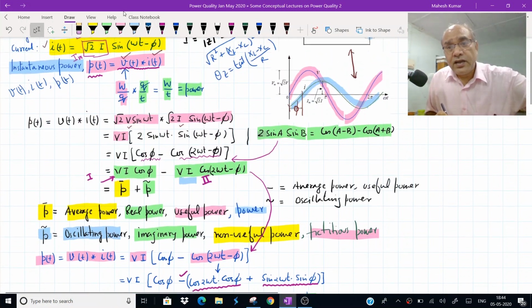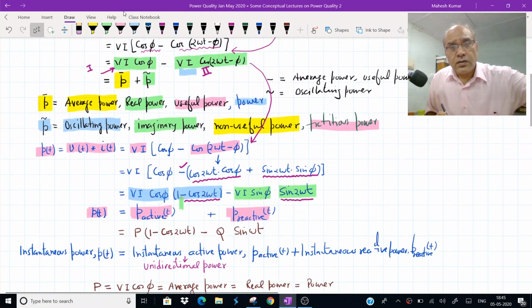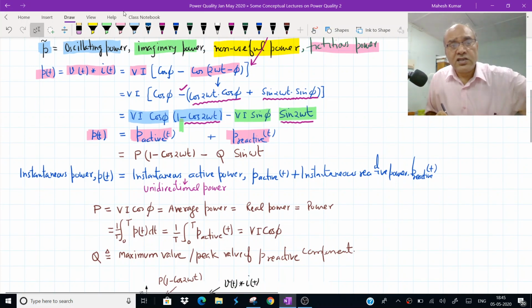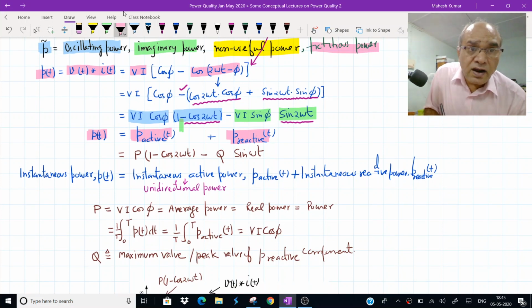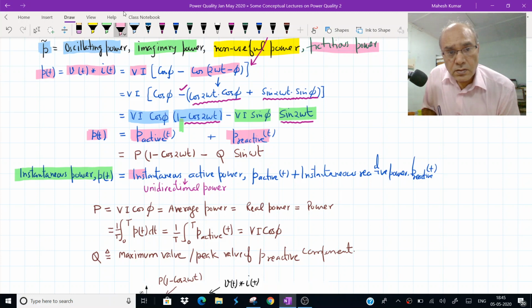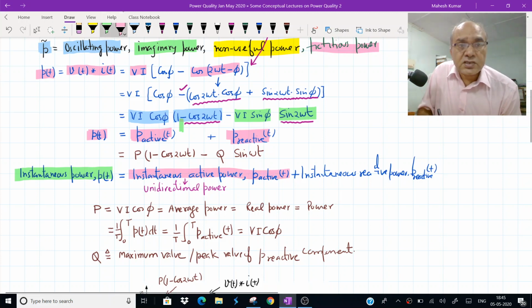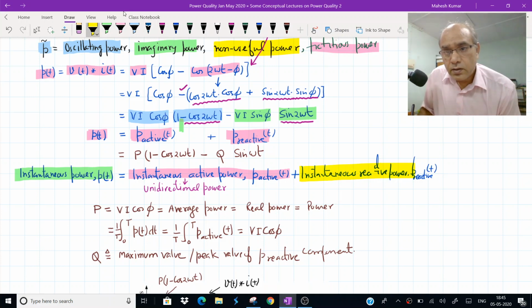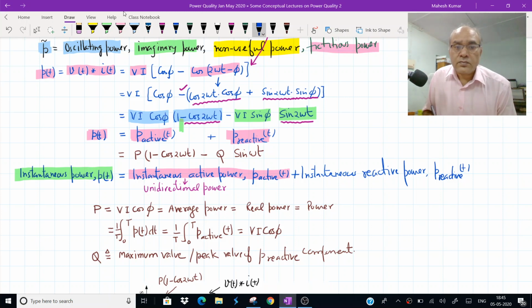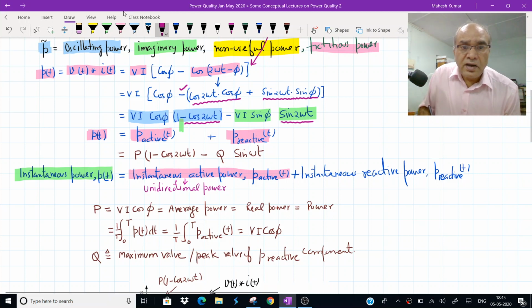In other words, we can say that the instantaneous power P(t) is the sum of the instantaneous active power, called P active, plus the instantaneous reactive power, called P reactive, a function of time. Okay, this is also written here, P active plus P reactive.